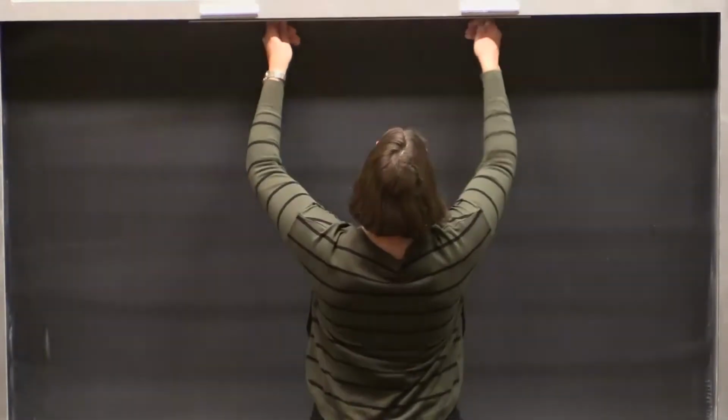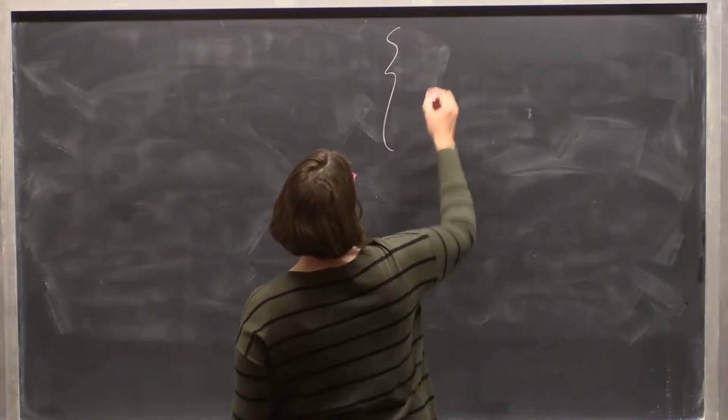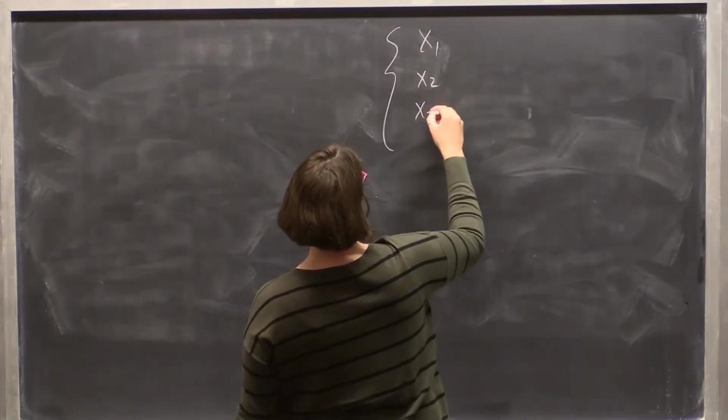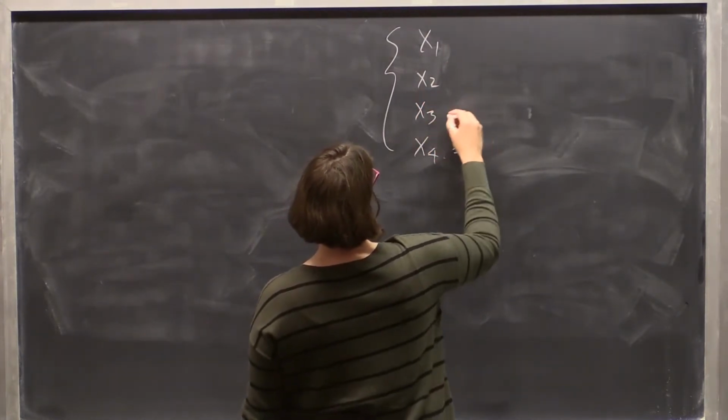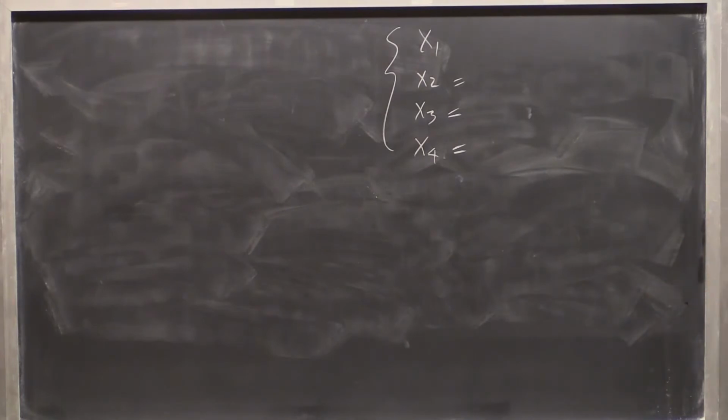And we talked about this at the end of class last time. So we have x1, x2, x3, x4. The easiest choice for free parameters is going to be x4 and x2.